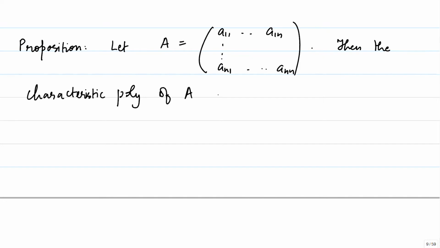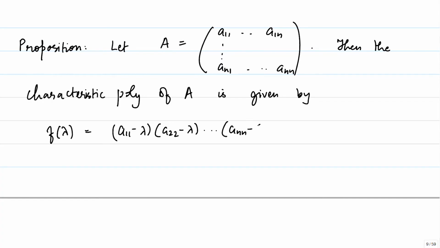The polynomial of A is given by f of lambda, which is equal to (a11 minus lambda) into (a22 minus lambda), the product up to (ann minus lambda), plus g of lambda. Notice that I am again treating it as a polynomial in the indeterminate lambda. And what is g of lambda? Where g of lambda is a polynomial of degree at most n minus 2.